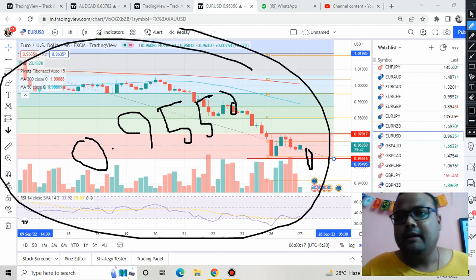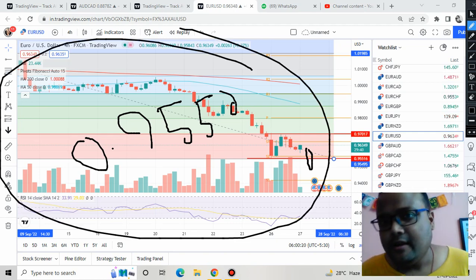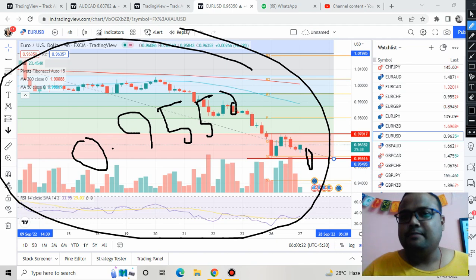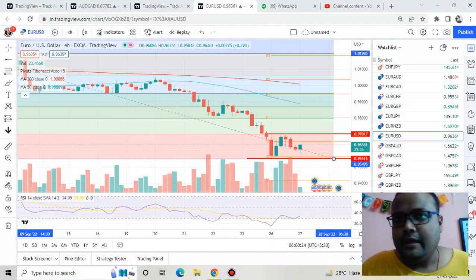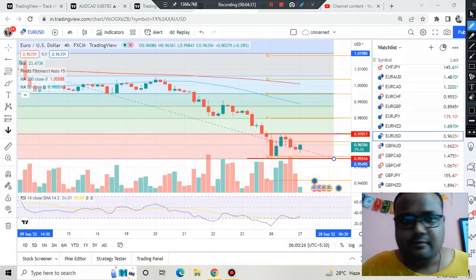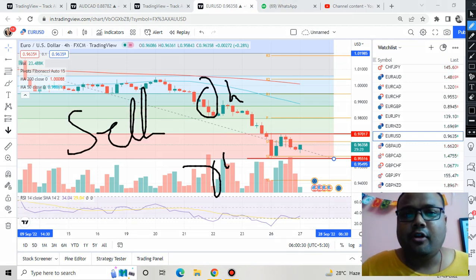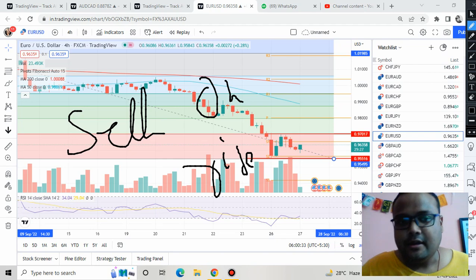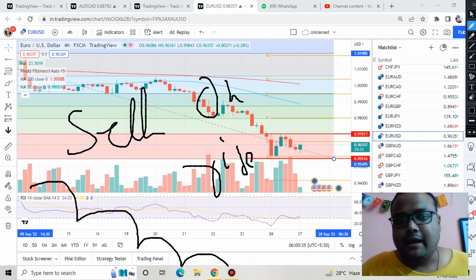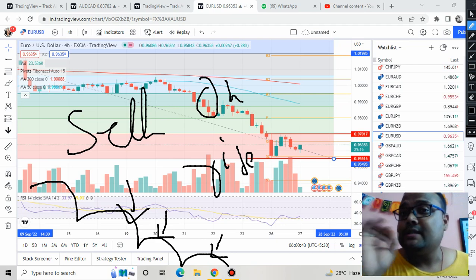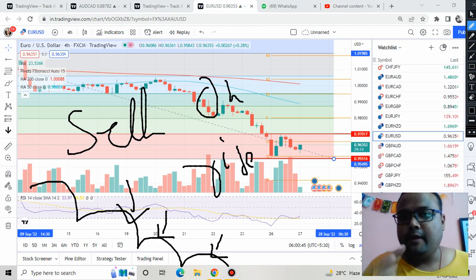Okay, but keep in mind, as I have been saying for the last couple of days, that this market is under the dominance of sellers, and sell on rise is the best trading strategy here. Whenever the market is going down, we can see it going up, unable to cross the previous high. So as a result, taking a sell position at the tops is the best trading strategy, because your risk to reward ratio is also superb.